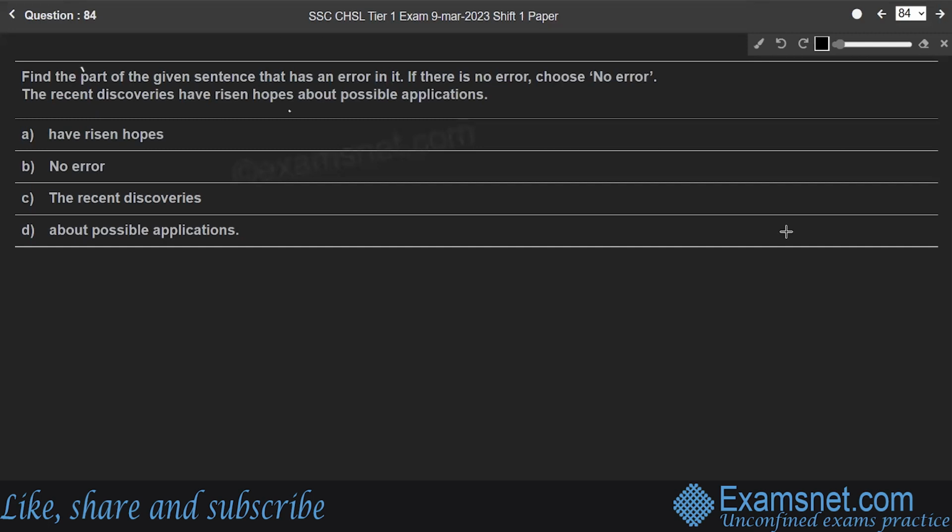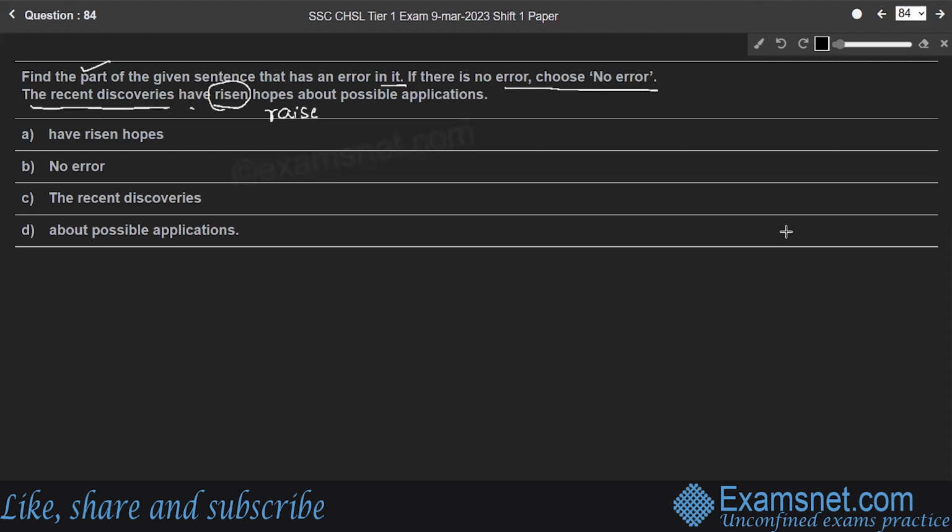Question 84. Find the part of the given sentence that has an error in it. If there is no error, choose no error option. So here the sentence is, the recent discoveries have risen hopes about possible applications. So here the recent discoveries. So the spelling is correct. Have risen hopes. It should be raised, not risen, right?